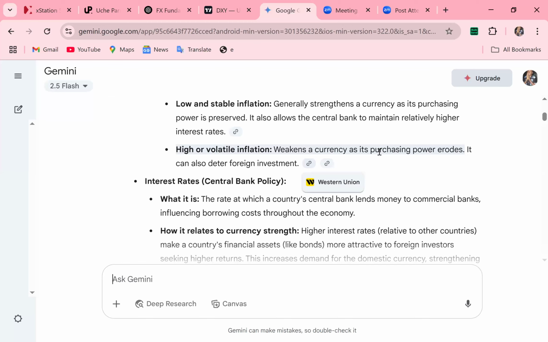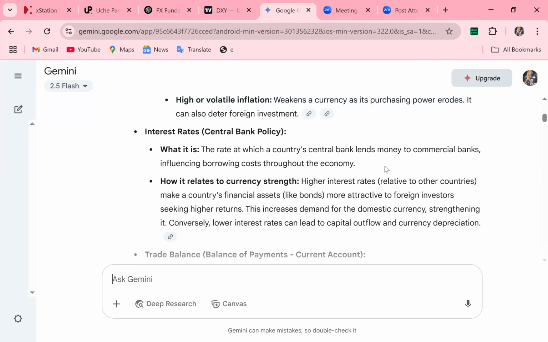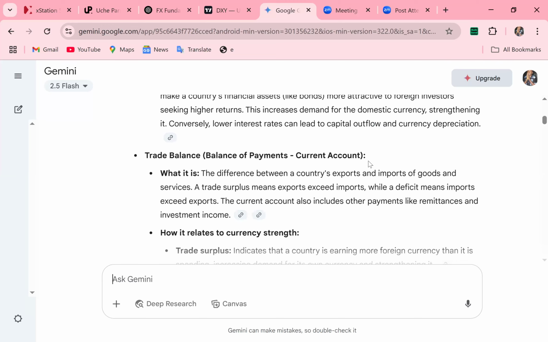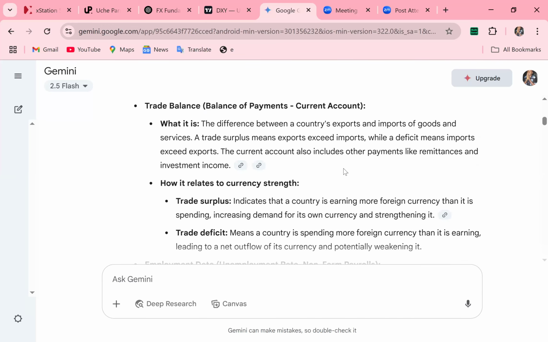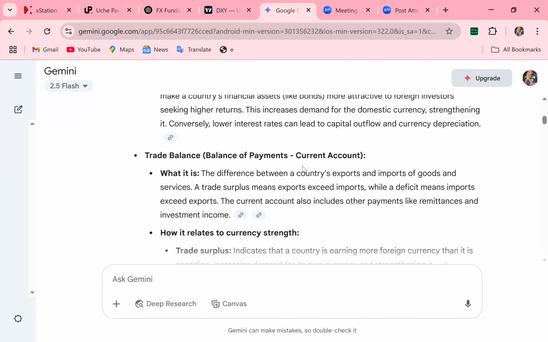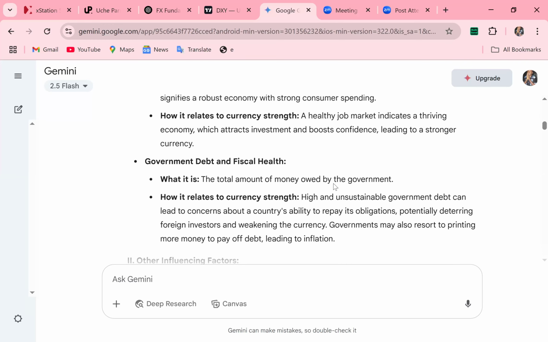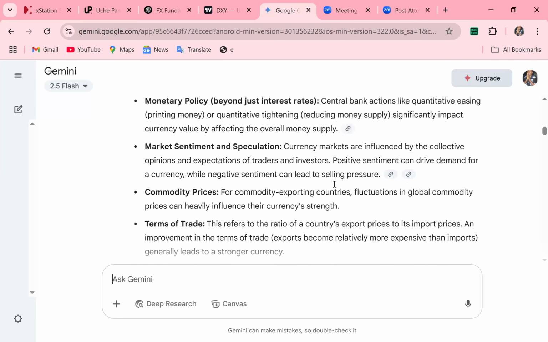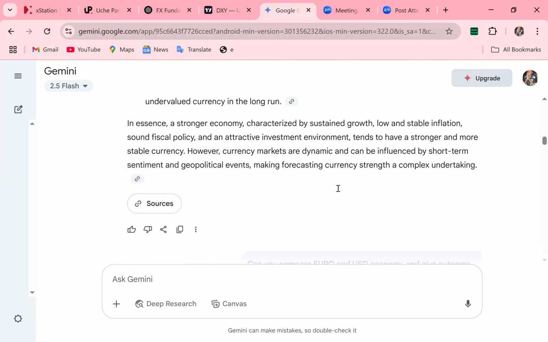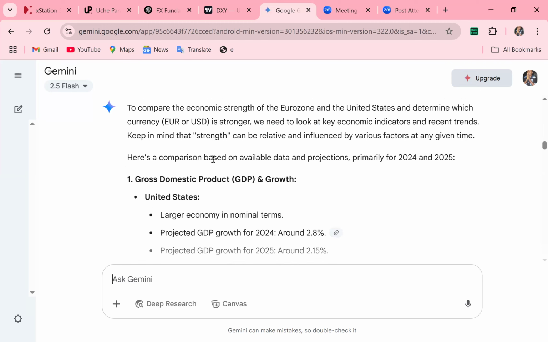I've always explained it like this: low inflation is good for the internal economy, and high inflation is not good. So you see how this AI was able to translate this in more detail. It's the same thing we keep explaining, but this is the area I'm going to. For example, how we can compare it. Now, let's use EUR/USD, for example, to compare the economic strength of the Eurozone and the United States and determine which currency is stronger.